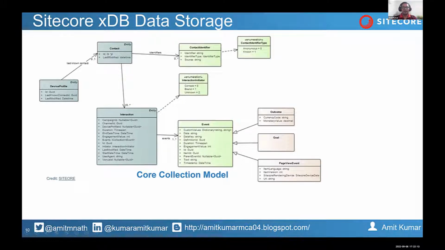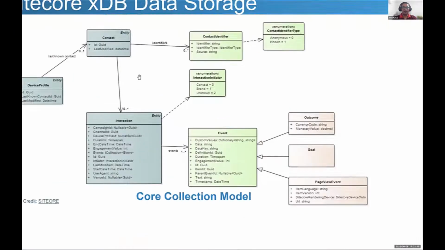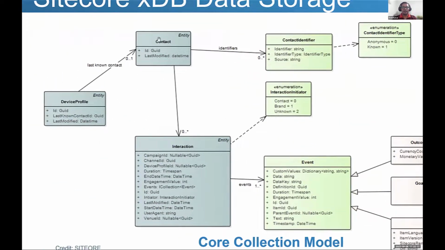Sitecore is providing this contact entity, and you can search the contact with the help of an ID or a last modified. Once you get all the data, then if you are having any sort of interaction like a campaign ID, channel ID, you can use LINQ and make a where clause and you can get the data out of that itself.